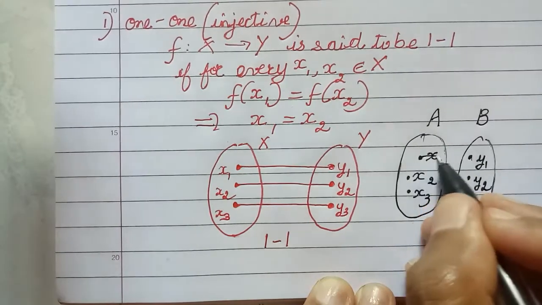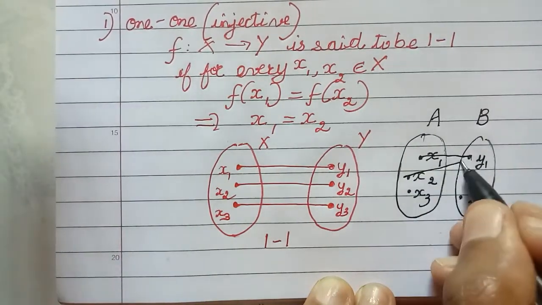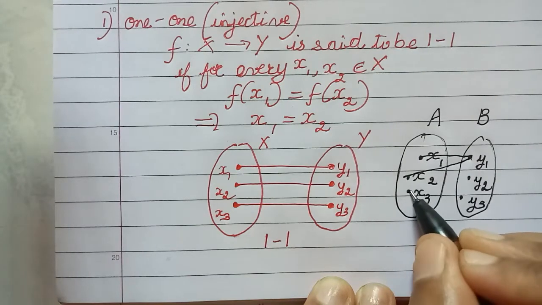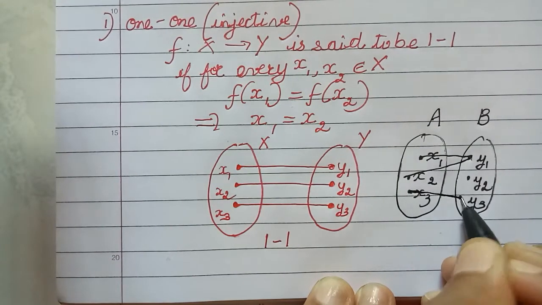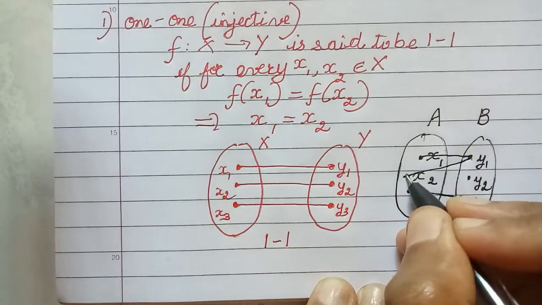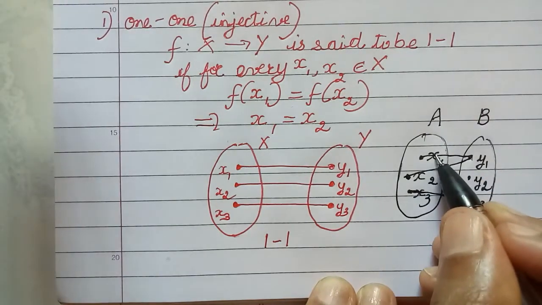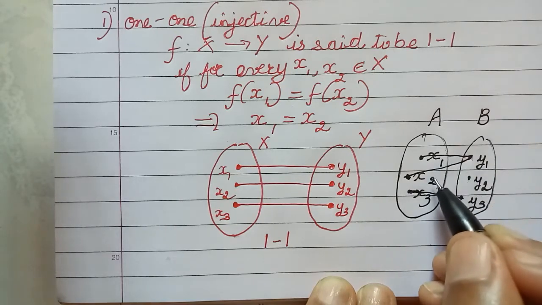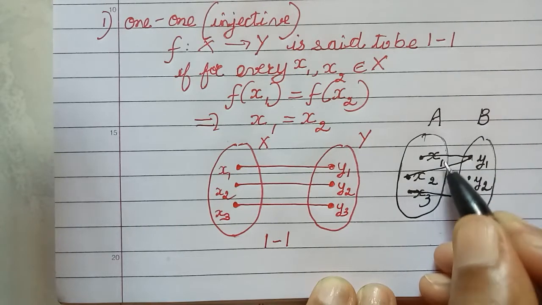It can happen that x1 is having image y1, x2 is also having image y1, and x3 is having image y3. So here, children, I can see that two elements x1 and x2 are having same image y1, but x1 is not equal to x2. This can also happen.